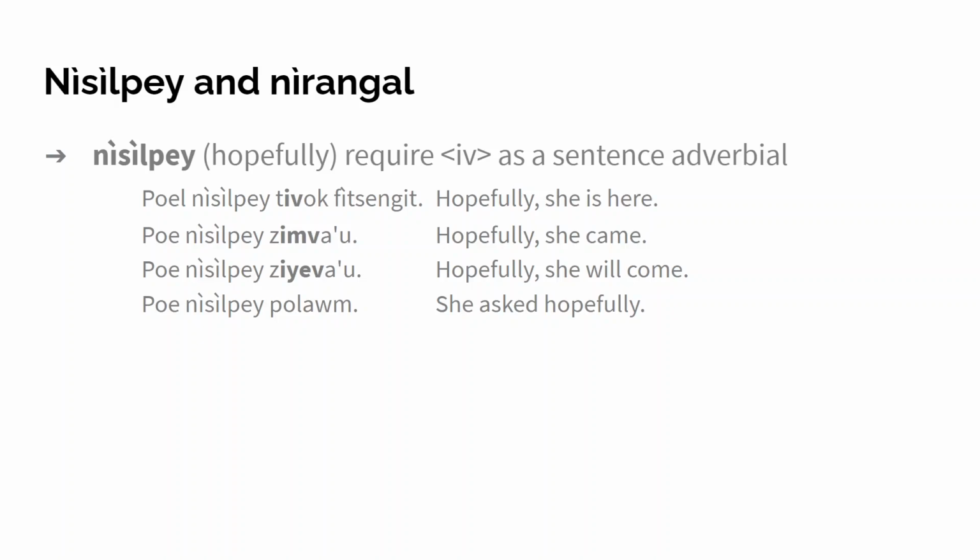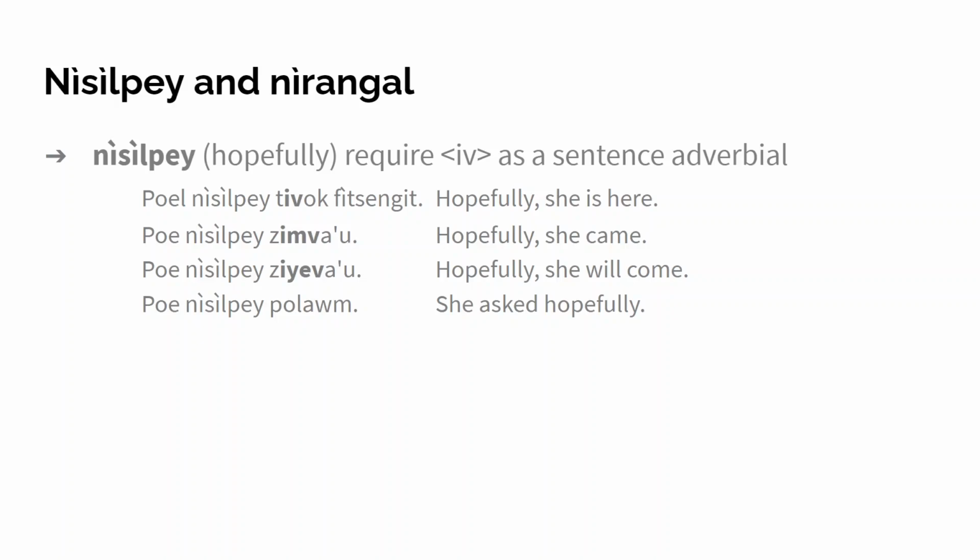So, to look at the translated sentences, Poel Nisilpey tivok vetsengit. Hopefully she's here. We need if because the sentence adverbial is a comment about the whole sentence. Poe Nisilpey zimva'u. Hopefully she came. Poe Nisilpey sieva'u. Hopefully she will come. Here we see two combined infixes. We will look at the sentence again in a moment when we are talking about these. Poe Nisilpey polau.